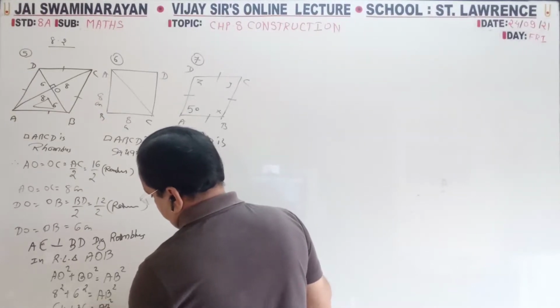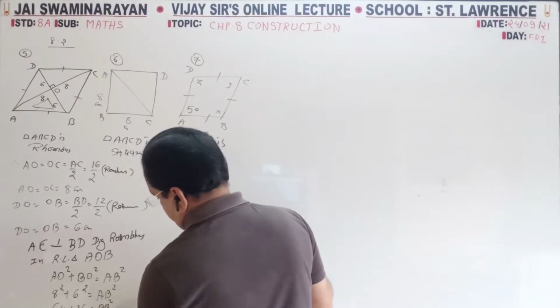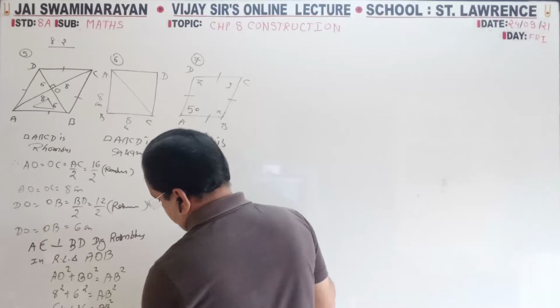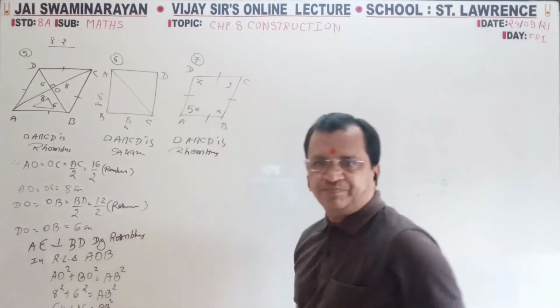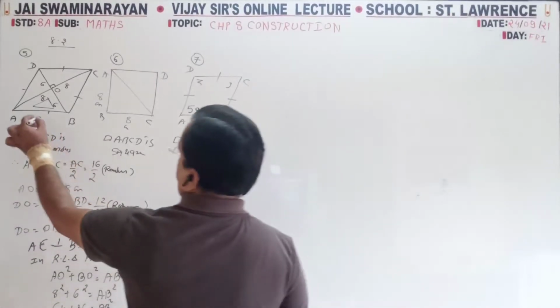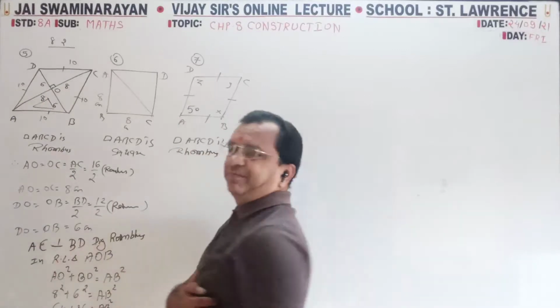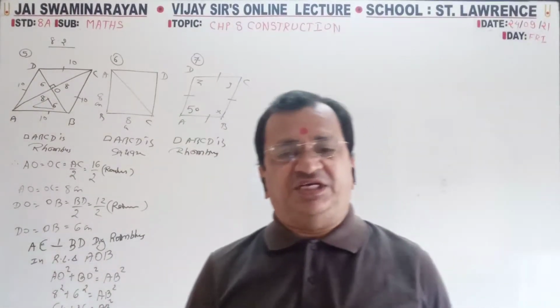AB square is 100. So take the square root. We want all the sides of the rhombus, 10, 10, 10. What is the perimeter? 10 plus 10 plus 10 plus 10, 40 centimeter.